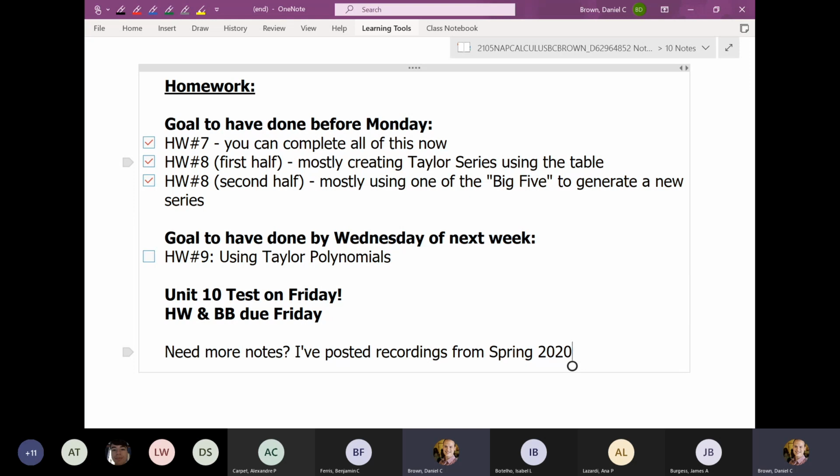You can start homework 9 if you're just trying to get ahead, but ultimately I will be happy, and I think you'll appreciate yourself if you finished all of homework 7 and 8 before Monday, so that when we finish up these last topics of series, you're on the same page as me and everyone else.